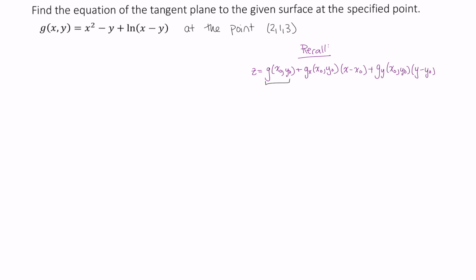So we were given this part here, g evaluated at (2, 1) is equal to 3.